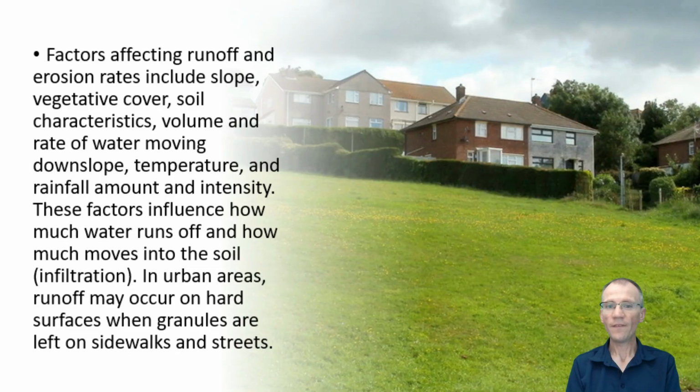As you can imagine, once we pollute our surface waters, we're really in trouble in this country. Factors affecting runoff and erosion rates include slope, vegetative cover, soil characteristics, volume and rate of water moving downslope, temperature, and rainfall amount and intensity. These factors influence how much water runs off and how much moves into the soil in infiltration. In urban areas, runoff may occur on hard surfaces where granules are left on sidewalks and streets.